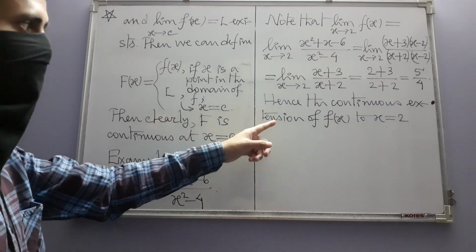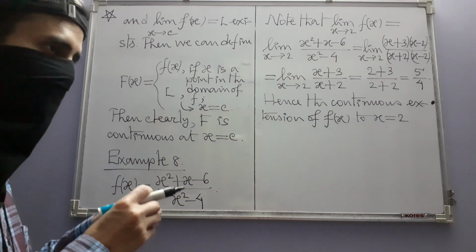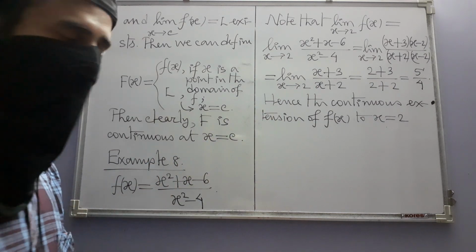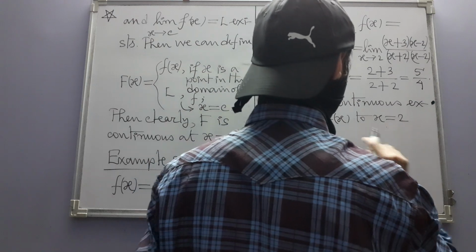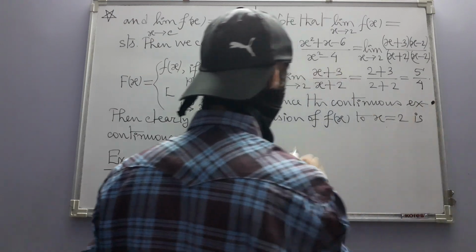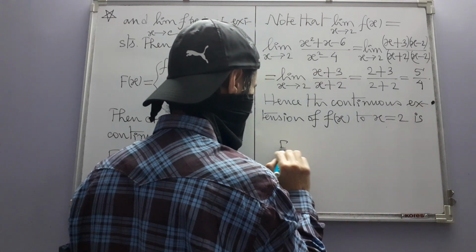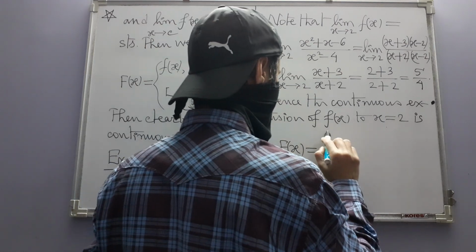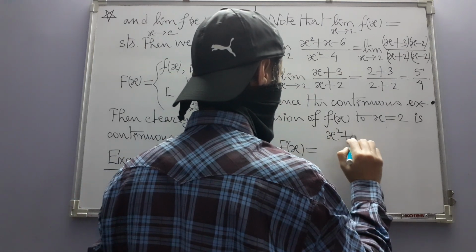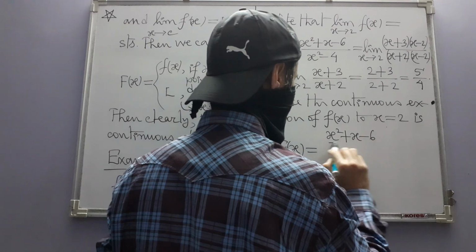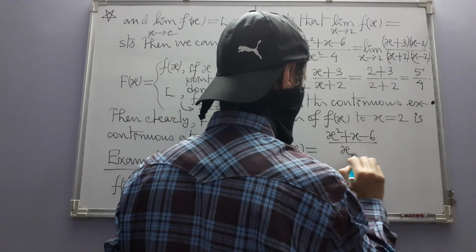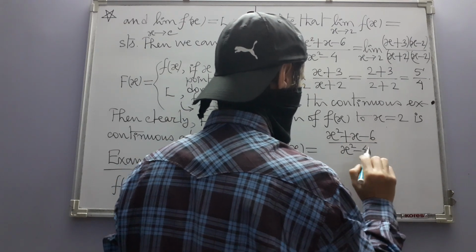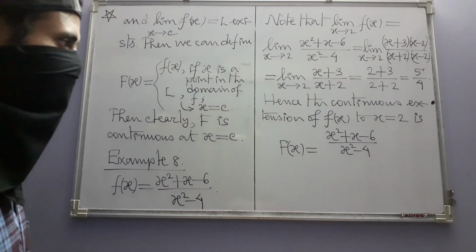We are extending the old function to this new point continuously. That's why continuous extension is x square plus x minus 6 over x square minus 4.